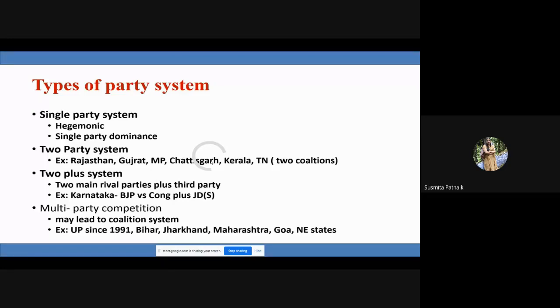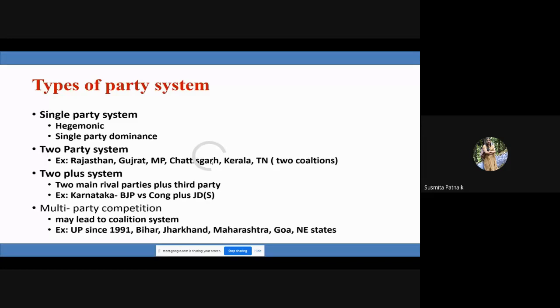If there is a monarchical system, there is a single party system, and the party system is according to hegemony, meaning one party is dominant. Just like the Congress, before the BJP came to power there was one major party in India, that is the Congress party, and there were other small parties. But one major party is called a single party.